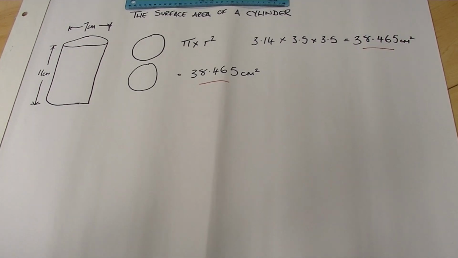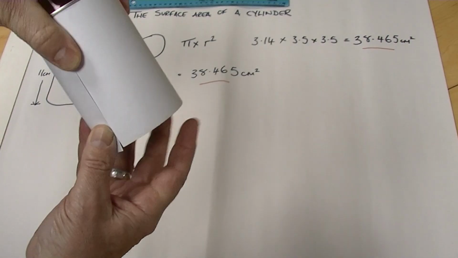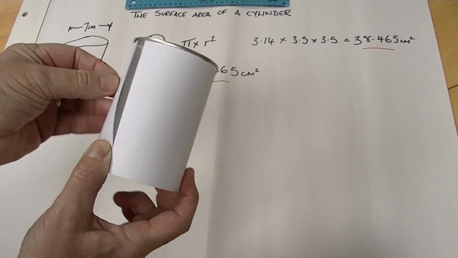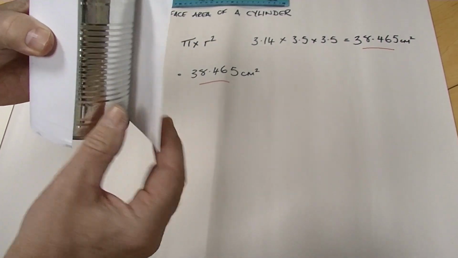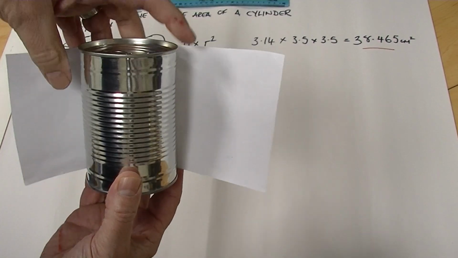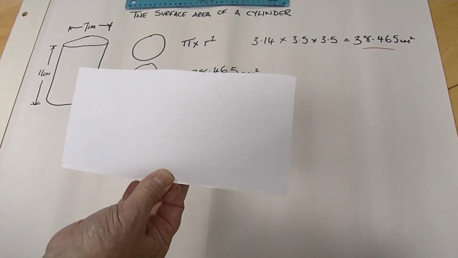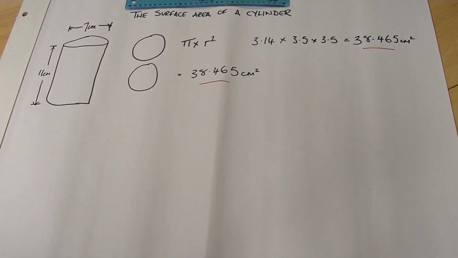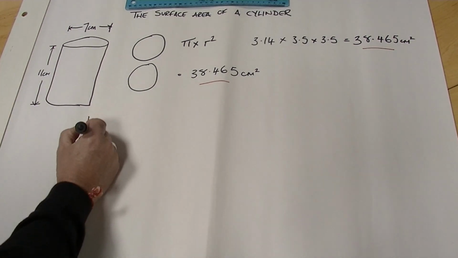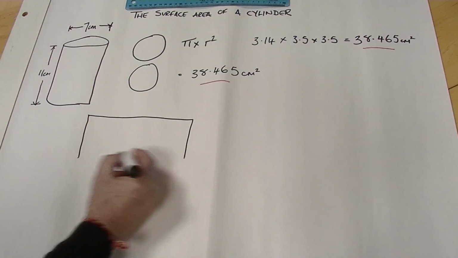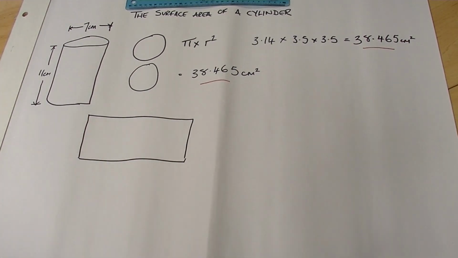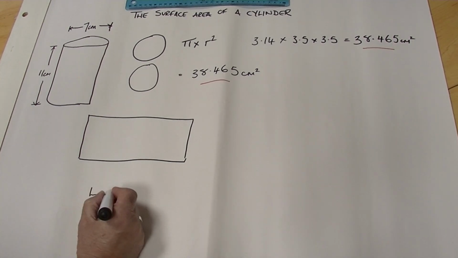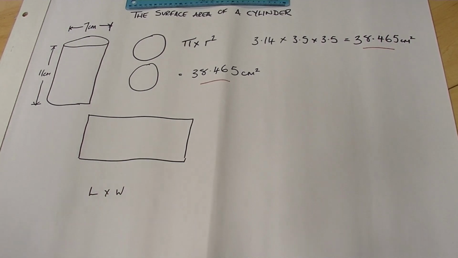But what's that shape made up of? Let's imagine this cylinder has a label. If we were to peel the label off, we can see that that label is just a rectangle. We know that to work out the area of a rectangle, we need the length and the width.